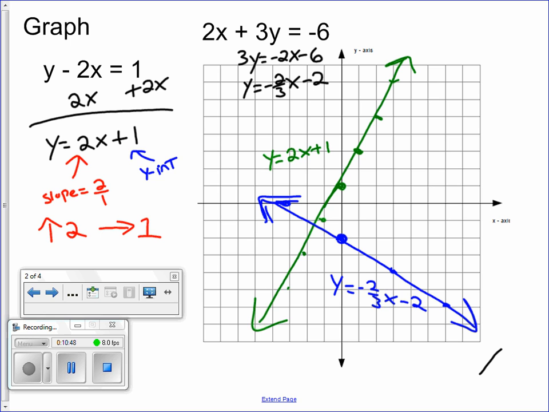Get the y by itself. Can't you graph the second one a little higher up on the line? What do you mean, extend it further? Yeah, you can go further if you want. I've got enough of it there.